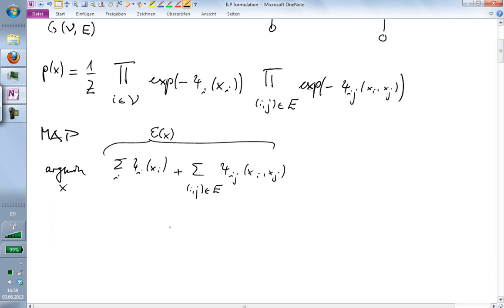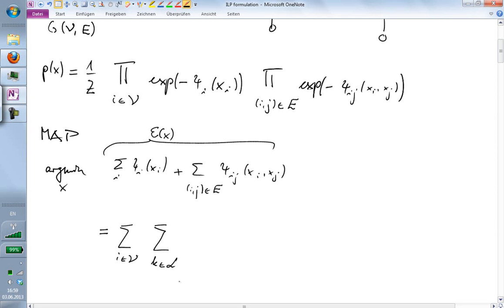Now comes something new, namely a funny encoding of this equation. I can rewrite this energy as follows, by introducing a set of indicator variables.